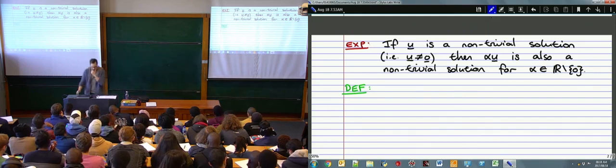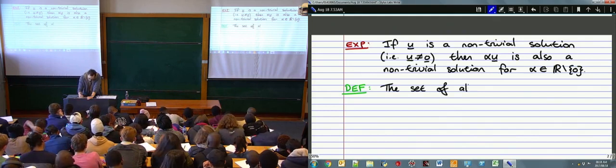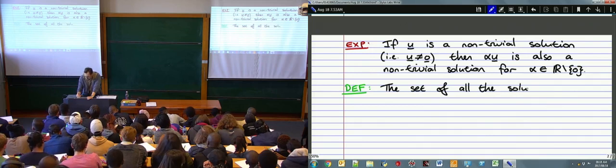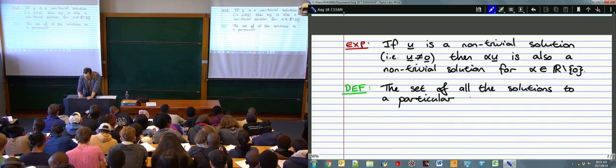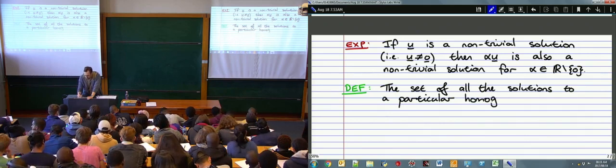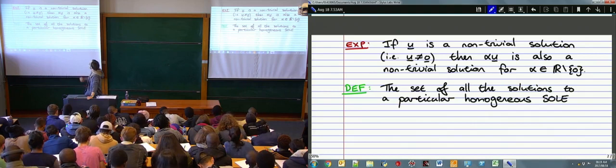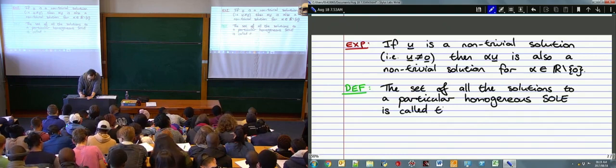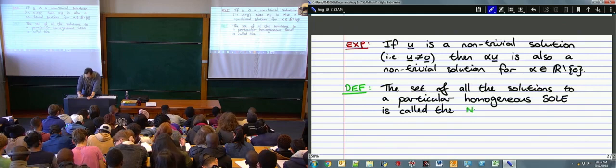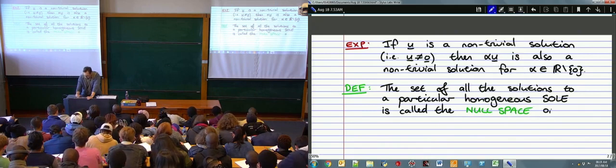So let's write some of this down. The set of all the solutions to a particular homogeneous system of linear equations is called the null space or kernel.